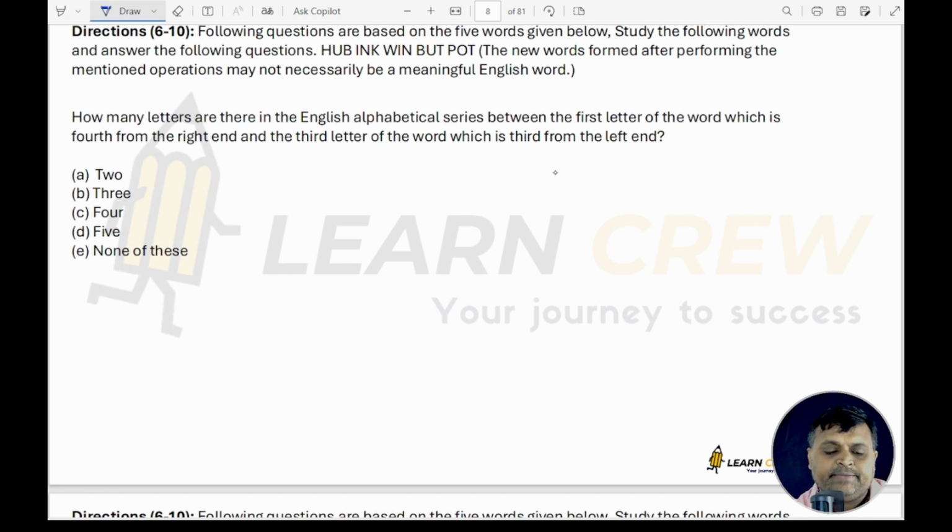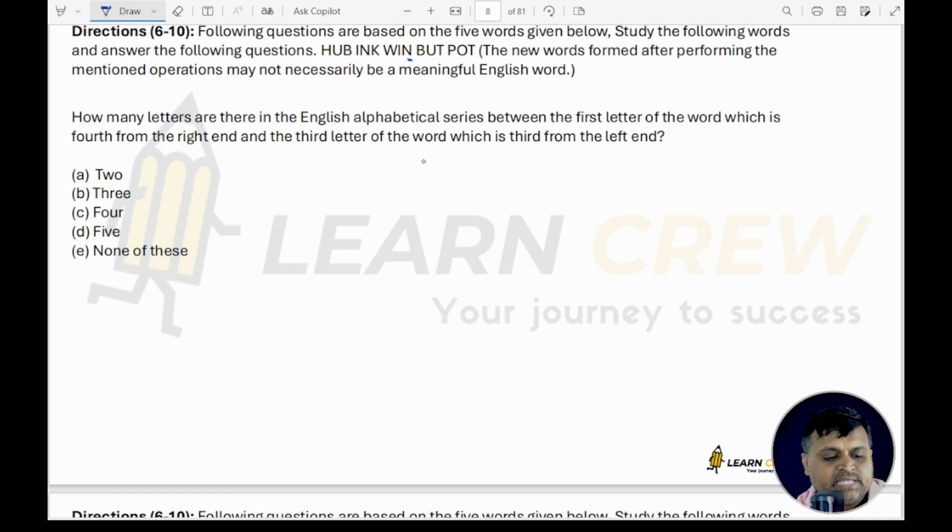Fourth from the right end, and the third letter of the word which is third from the left end. So third from the left end, 1, 2, 3. So the letter is N here.